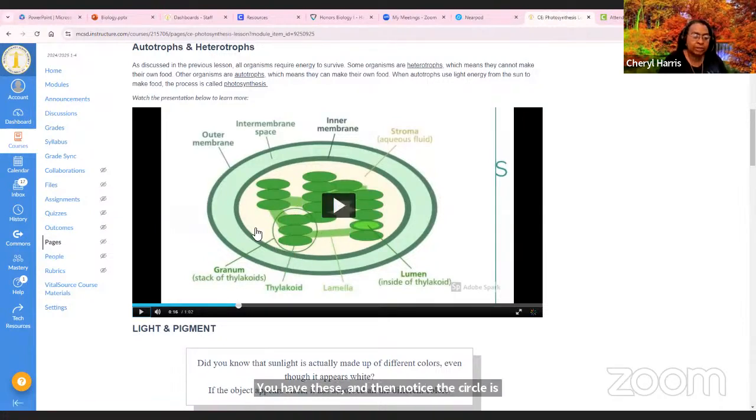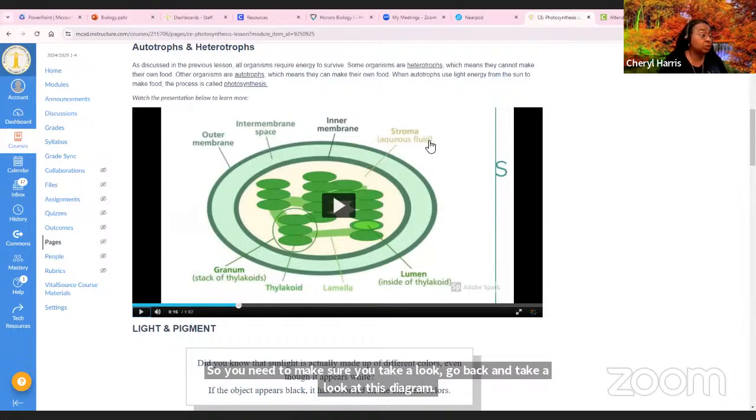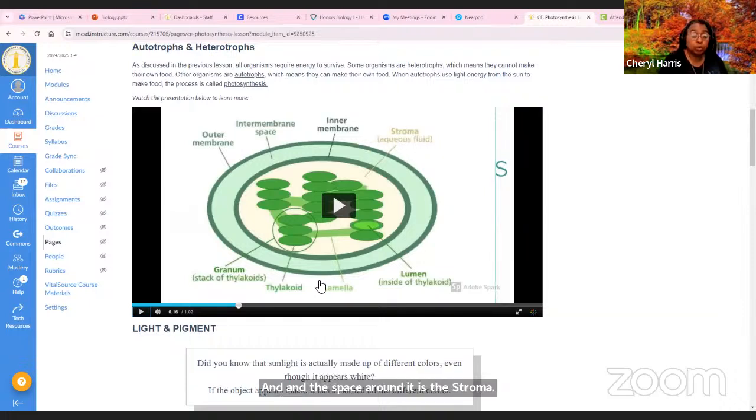The stack of discs is called a grana, and each individual disc is a thylakoid. So make sure you go back and take a look at this diagram. The space around it is the stroma. So you need to know those words: stroma, thylakoid, and grana inside a chloroplast.